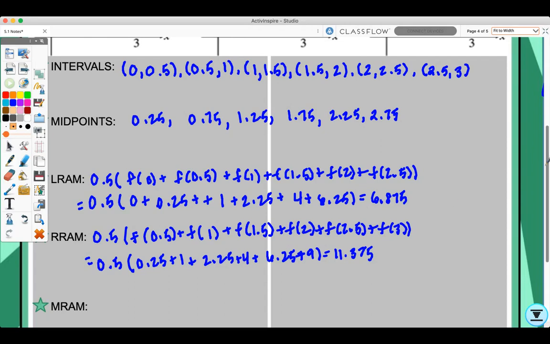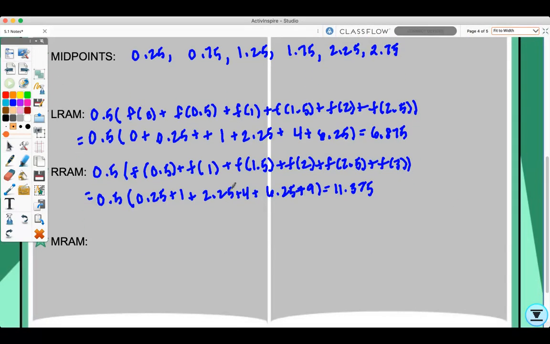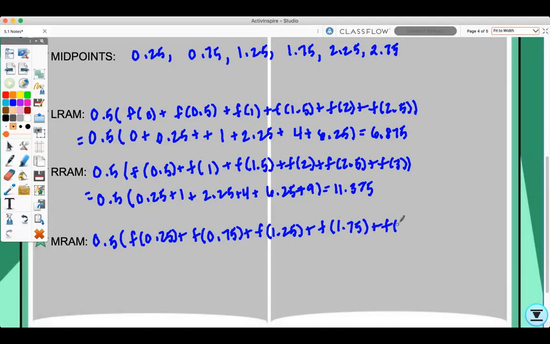And then our midpoint rectangular approximation method would be 0.5 times f of 0.25 plus f of 0.75 plus f of 1.25 plus f of 1.75 plus f of 2.25 plus f of 2.75.